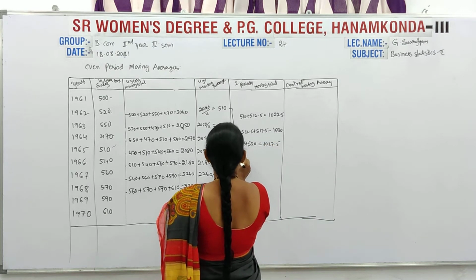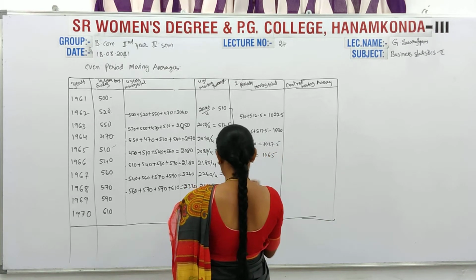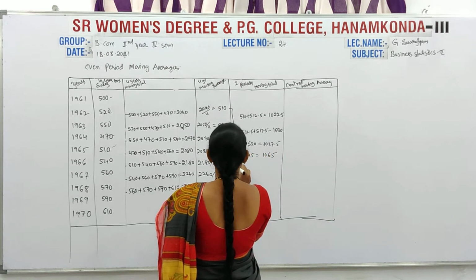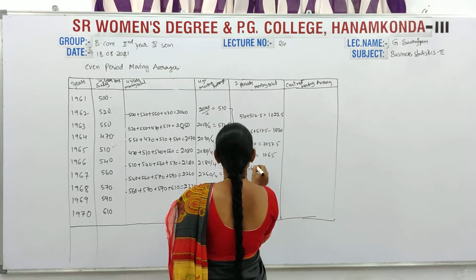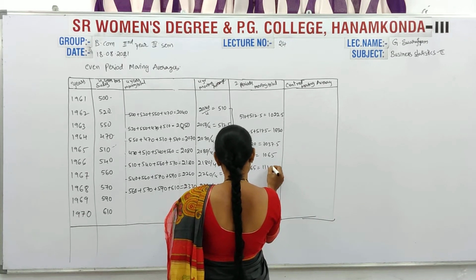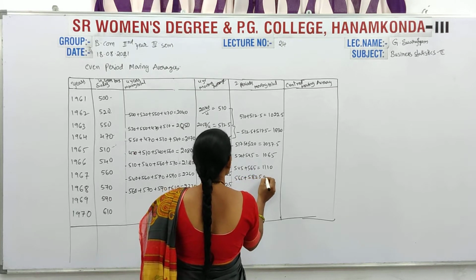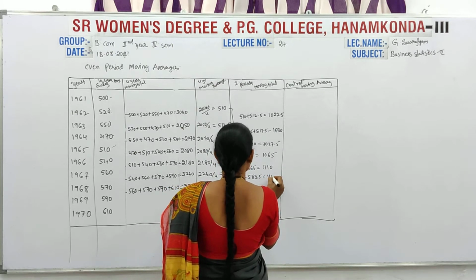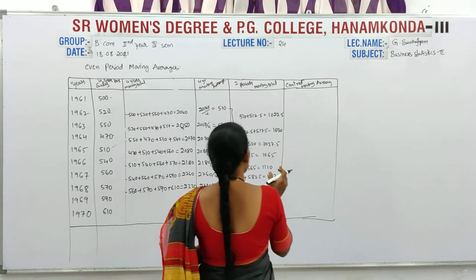Next, 520 plus 545 is 1065. Then 545 plus 565 is 1110. Then 565 plus 582.5 is 1147.5. So this is the centered moving total.